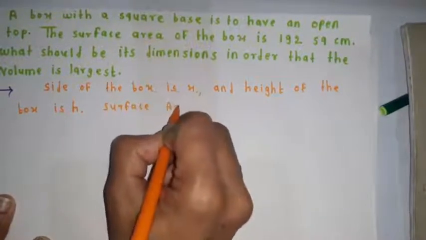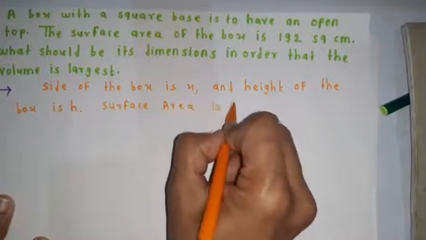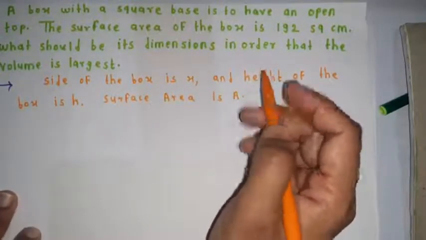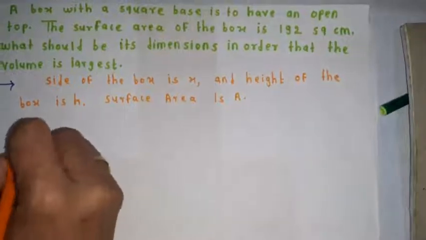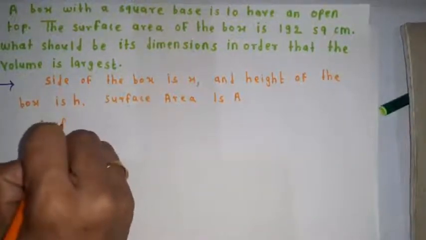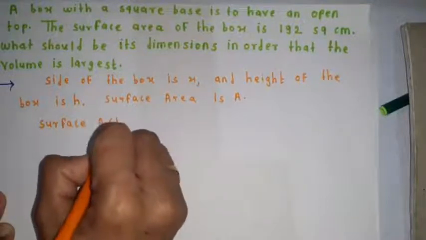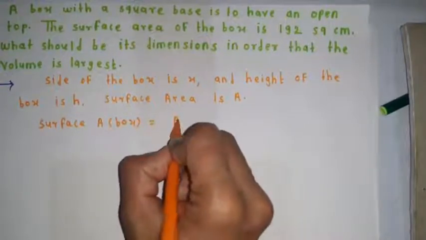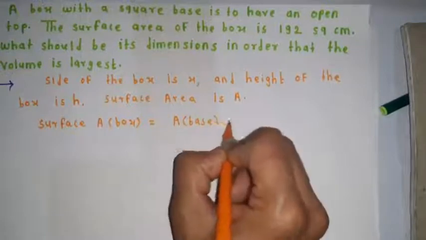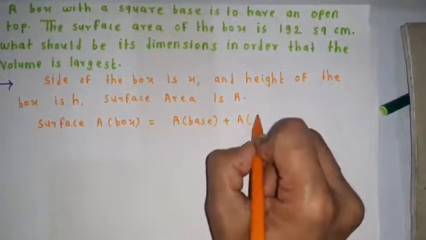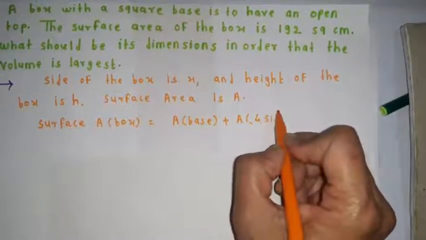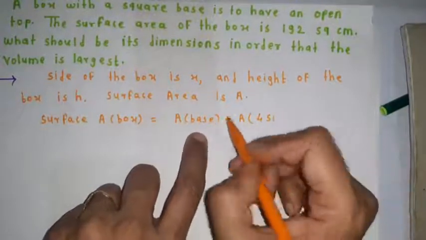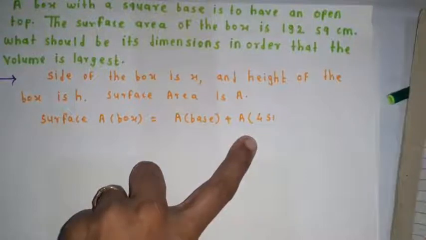Surface area of the box equals area of base plus area of the remaining 4 sides. Area of base plus area of 4 sides.